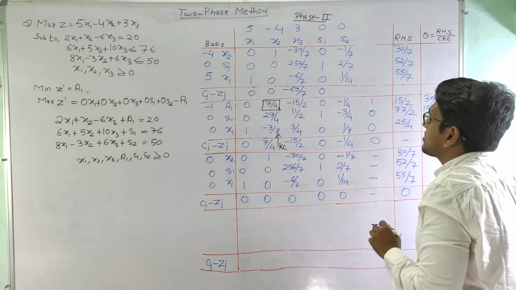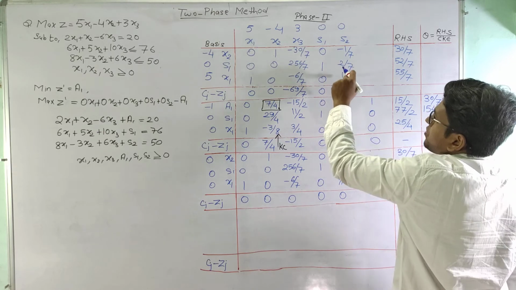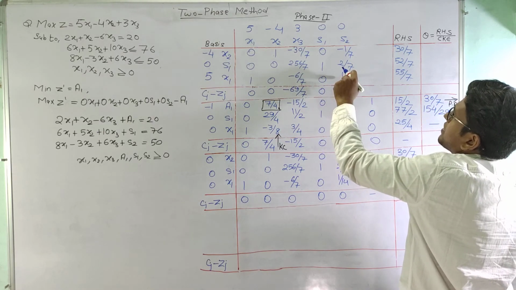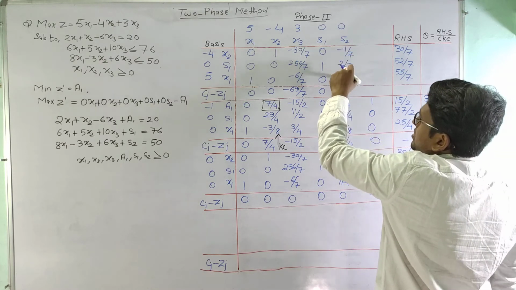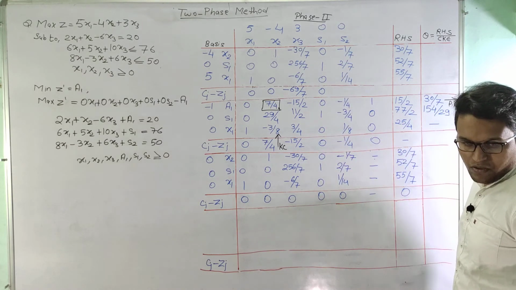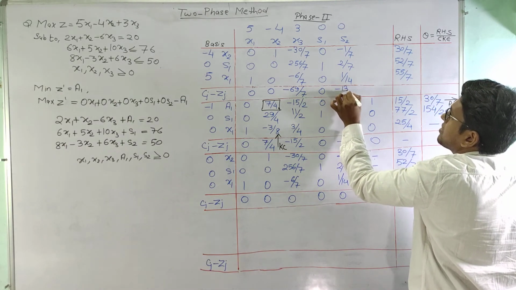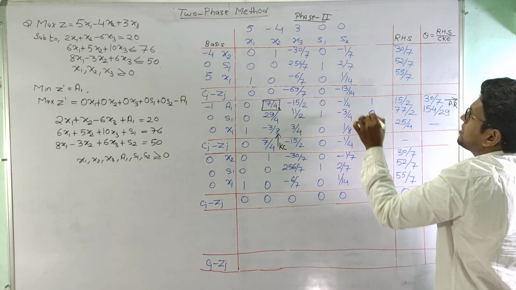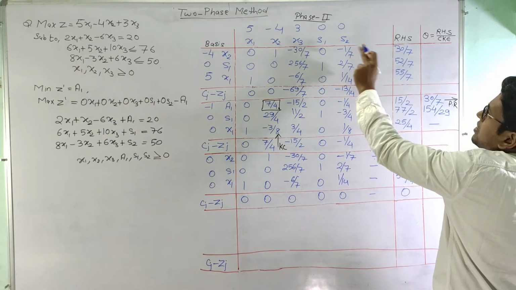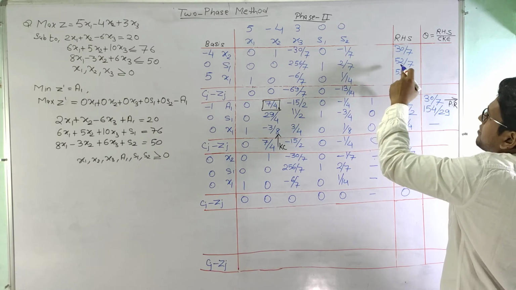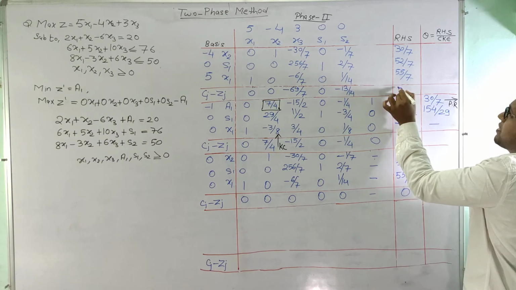Similarly for s1, this will be plus 4 plus 5, 9 plus 4, 8 plus 8, 17. So this will come as minus 13 by 14, and the value of Z will come as minus 120 plus 5 into 55 by 7. So this will come as 155 by 7.